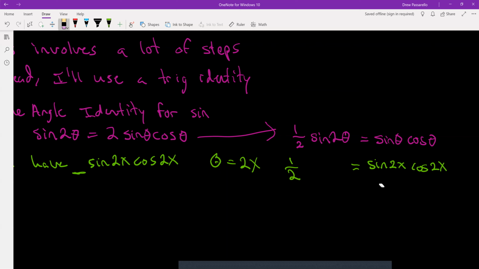If 2x is theta, then 2 times that is 4x. So this would be 1/2 sine of 4x. If theta is 2 times x, that means 2 theta is 2 times 2x, so 2 theta is 4x in our problem.